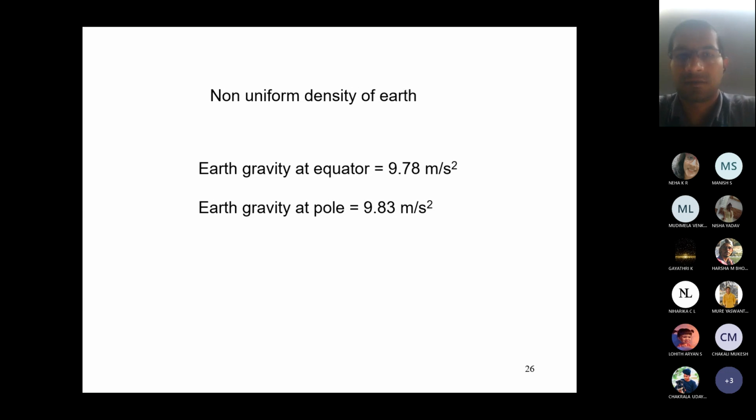And not only that, we also have non-uniform acceleration due to gravity. Towards the equator, it is 9.78 meters per second squared. If you go to the pole, you will have a higher gravitational force, that is 9.83. That is called the acceleration due to gravity. Towards the pole, we are experiencing a high gravitational field, whereas towards the equator, we are experiencing a less gravitational field.